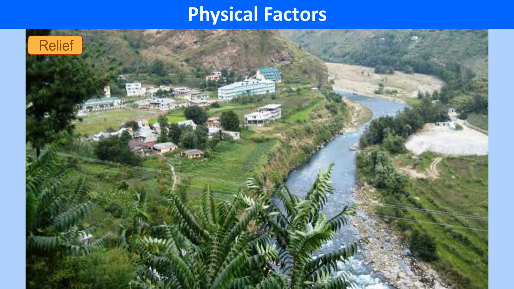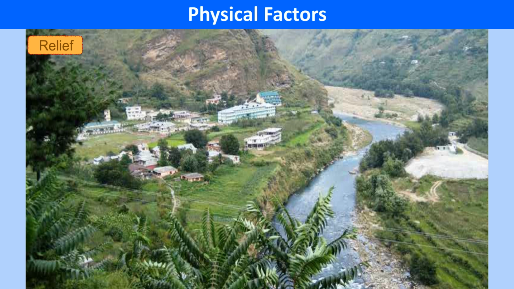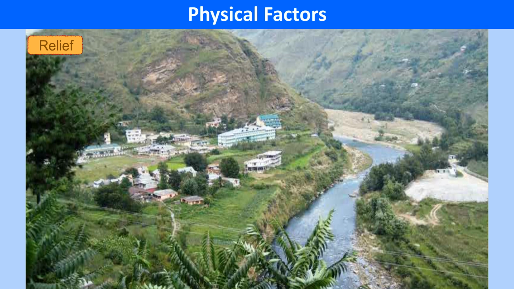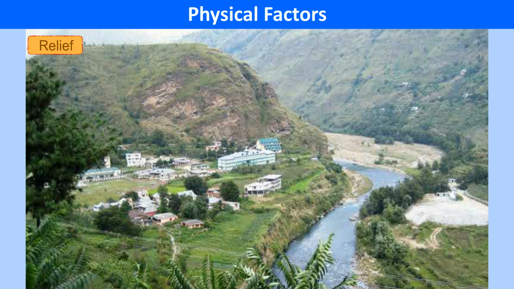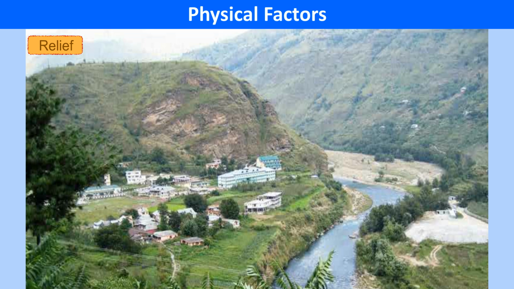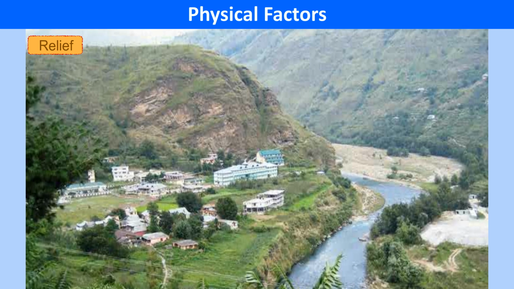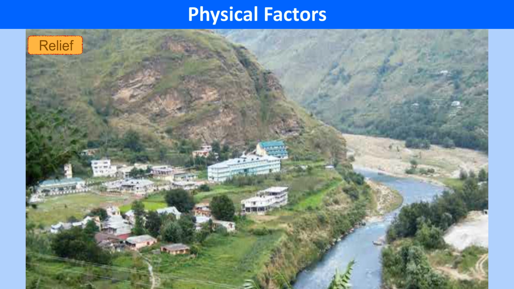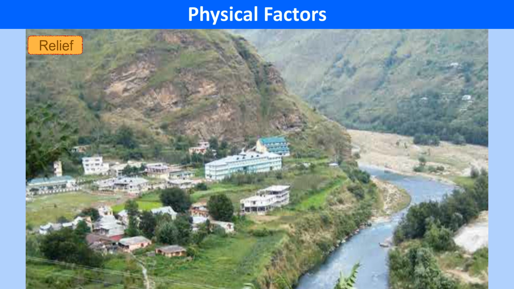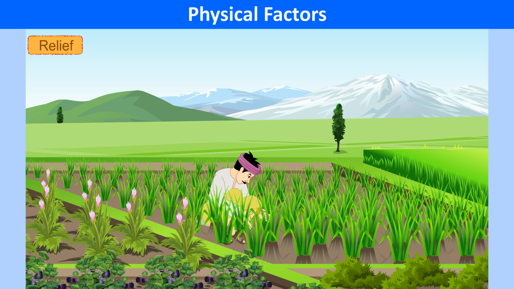Relief. Flat or undulating land in the plains and river valleys have always been the most favored places for human habitation. This explains why the earliest civilizations flourished in river valleys. People prefer such locations because they are usually better suited to agriculture and other economic activities.